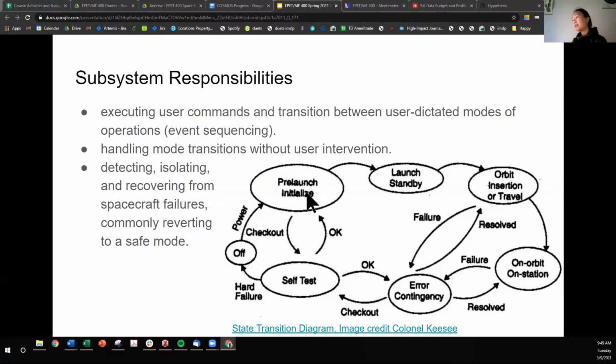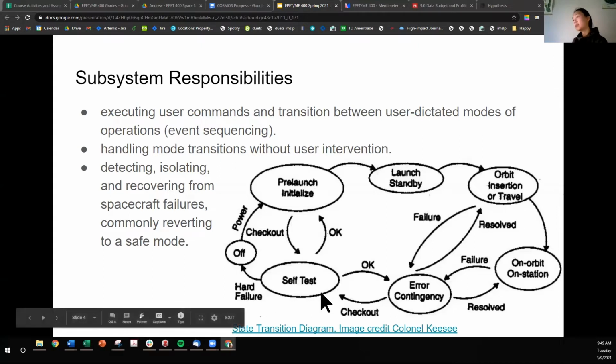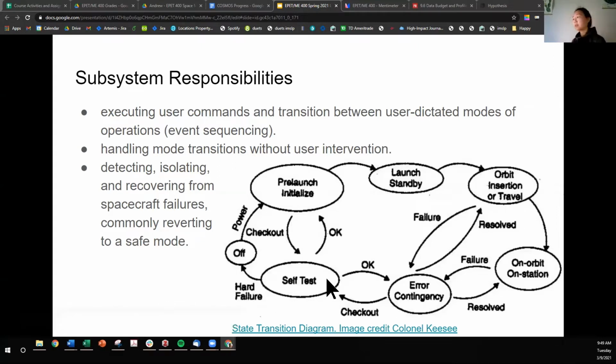And then there are conditions to exit this state, such as if your clock reads 30 minutes after, then initiate checkout, in which you would do a self-test. Let's get a reading from the solar panels. Let's get a reading from the IMU and see if the values fall between this range.